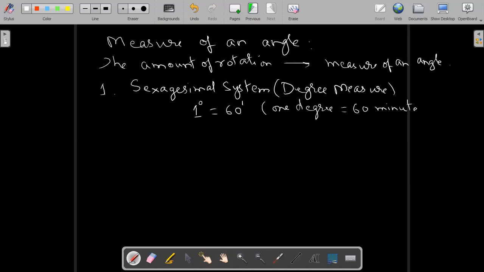It is a unit of angle. 1 degree is divided into 60 equal parts, and each part is called a minute. So this is the 60th part of 1 degree.